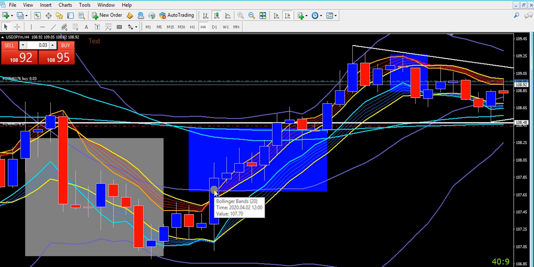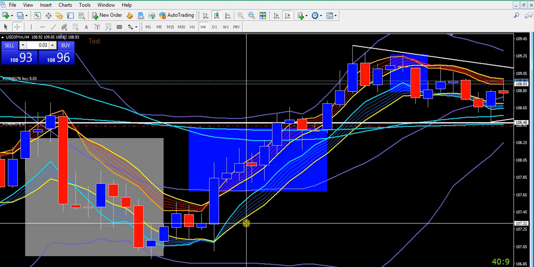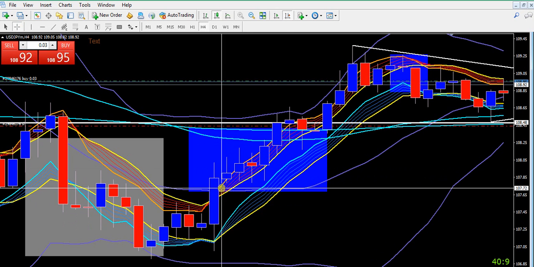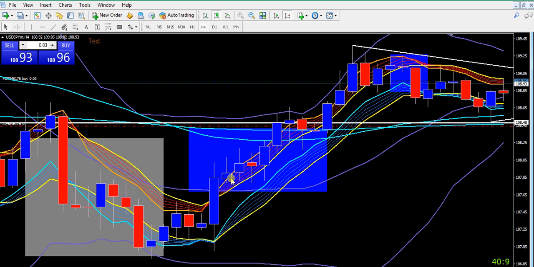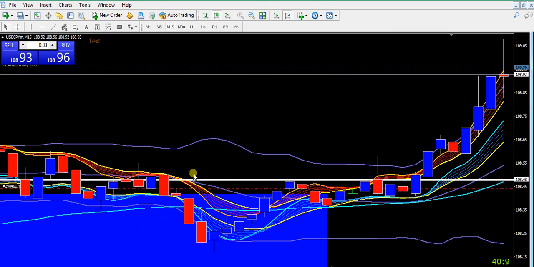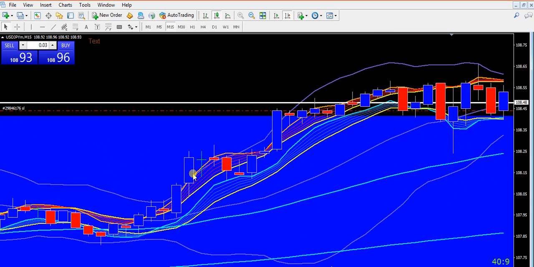Yes, you can open a buying position here if you are using the lower time frame, because the lower time frame is different from the higher time frame.